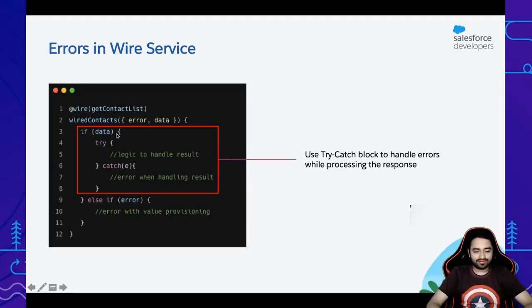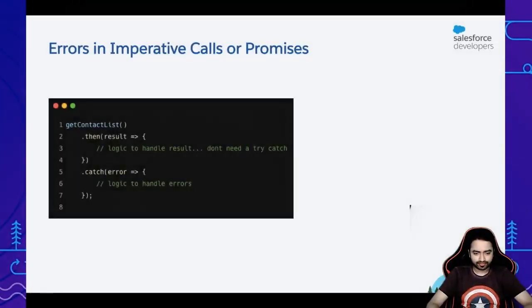So you have your if data, and then you have all of your logic inside this block. Because again, it is considered to be a synchronous execution, you can just put a try catch within the if statement, and then you can handle all of the exceptions that occur when you are processing the value. Pretty straightforward actually. Nothing much to get confused on this.